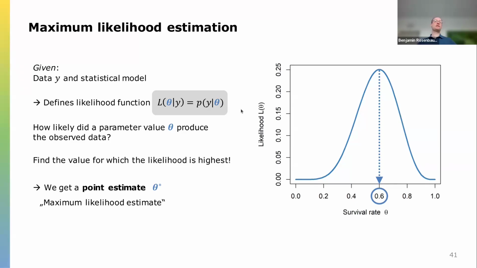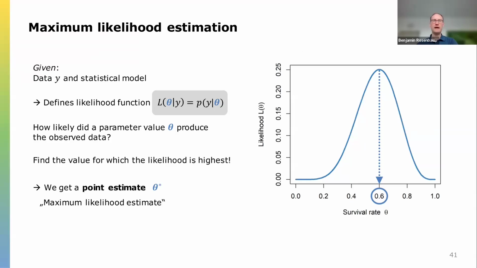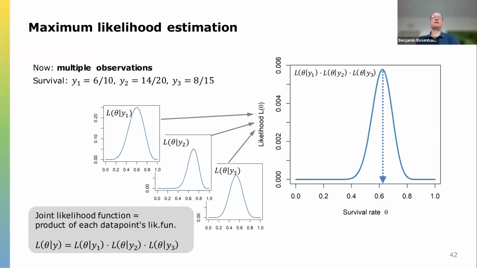This was very simple in the sense that we have just one data point, right? We have one population where 6 out of 10 individuals survived the winter. So that's just one data point, and we were able to write down the likelihood function for this. But usually you have multiple observations, and in this case, you can also generate a likelihood function.